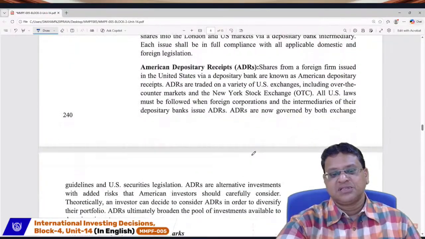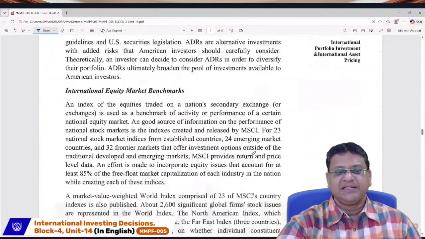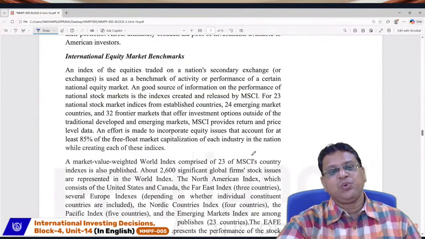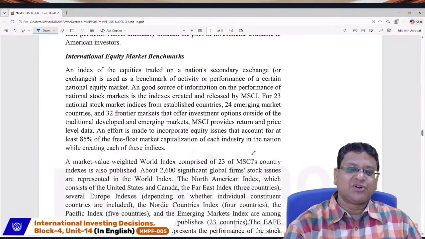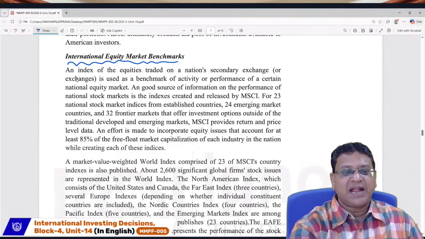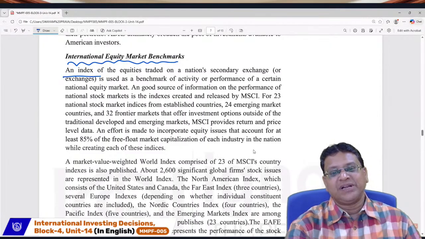So we have discussed the concept of ADRs and GDRs. Next we will discuss international equity market benchmarks. Throughout the world there are certain benchmarks or indexes to track international securities.